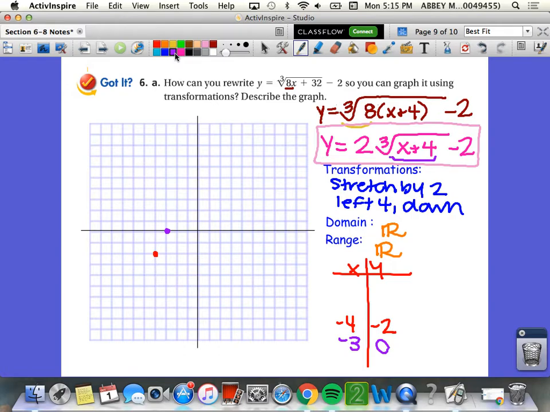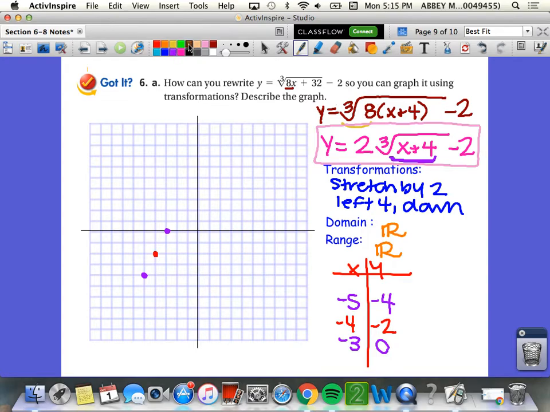Now what would make this underneath here go to -1? That would be -5. That would give me -4 as my output. And you can see I have my cluster.